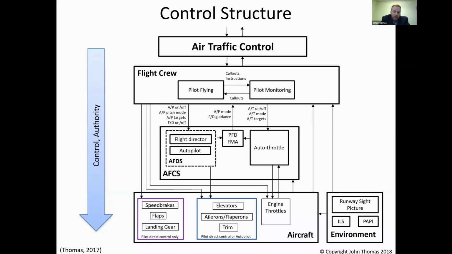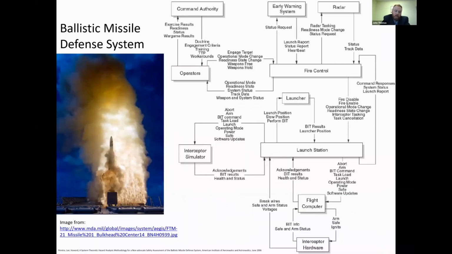Here's a more detailed example for aviation. If you don't work in the aviation domain, some of these terms may not make a lot of sense on their own unless you're in the industry. But let's look at another example. Here's a ballistic missile defense system. We have an early warning system on the top. Sorry, this is a fictional ballistic missile defense system. It was a real project, but it had to be scrubbed to make it public. So we have an early warning system at the top that sends down a launch report to a fire control station, indicating that something was launched somewhere in the world and we've got to counteract it.